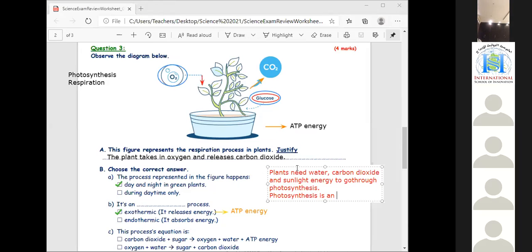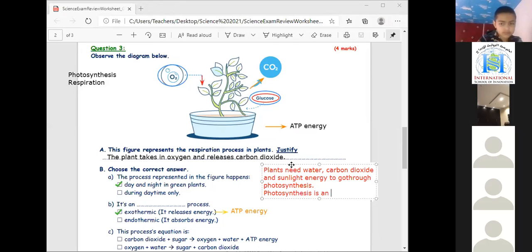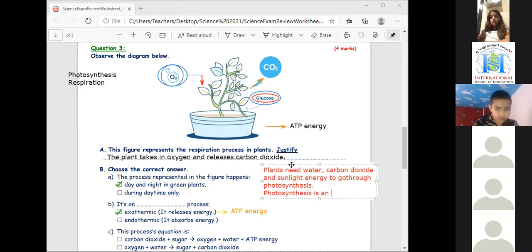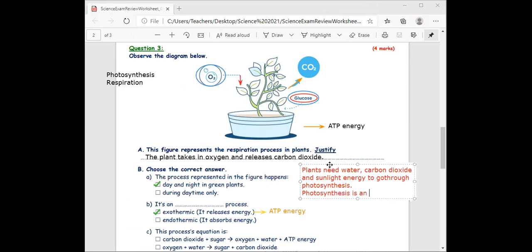Is photosynthesis an exothermic process or endothermic process? Exothermic, it gives energy or it absorbs energy? It absorbs energy.